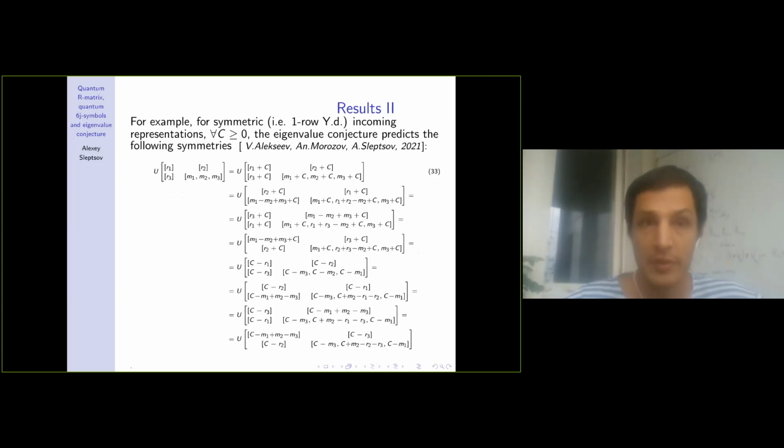So let us consider some example. For example, for symmetric incoming representations, the eigenvalue conjecture predicts the following symmetries, which you can see. All of them, if we restrict ourselves to SL2 case, reduce to known tetrahedral symmetries and Regge symmetries. But for higher ranks, it gives us some generalization.